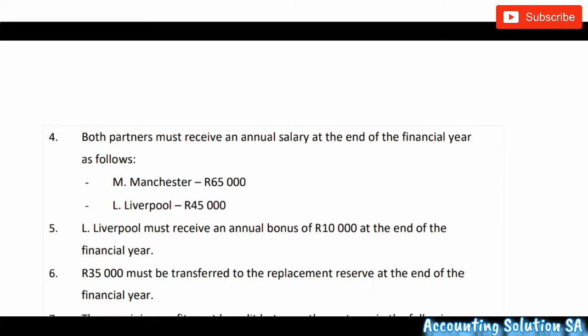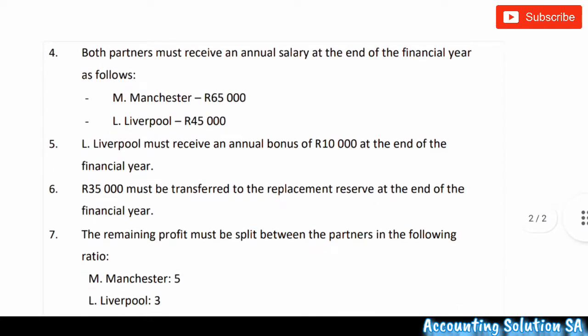Then number five, they say Liverpool must receive an annual bonus of 10,000 at the end of the financial year, which means that Manchester is not going to earn any bonus. Then they said 35,000 must be transferred to replacement reserve at the end of the financial year.